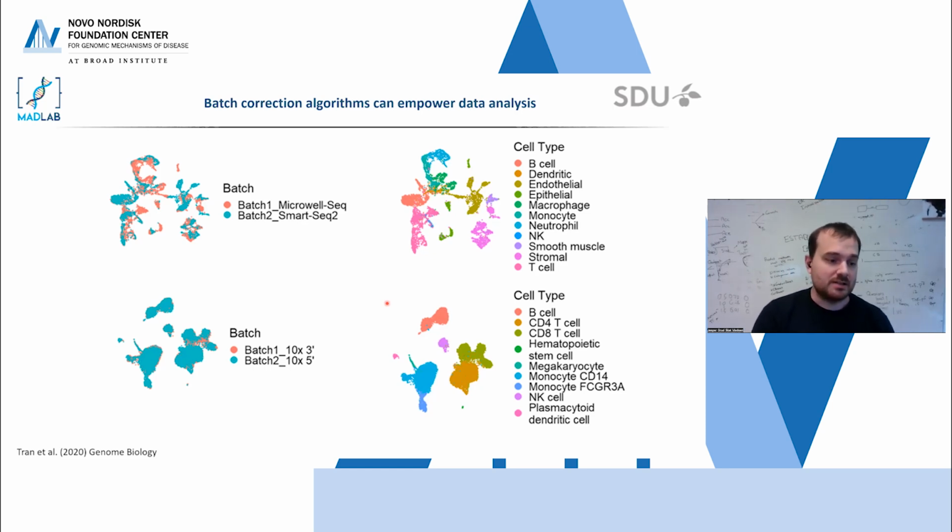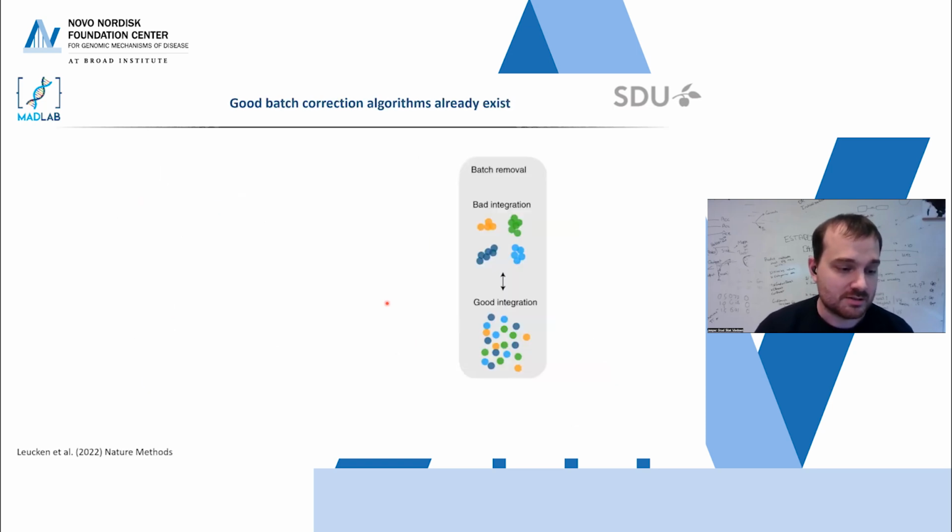So there are already many different batch correction methods available out there. And in a recent benchmarking, the Theis group from Germany set out to find out which methods are good and which methods are bad. They took a bunch of different data sets and integrated them with different methods, and then evaluated how much batch effect could be removed.